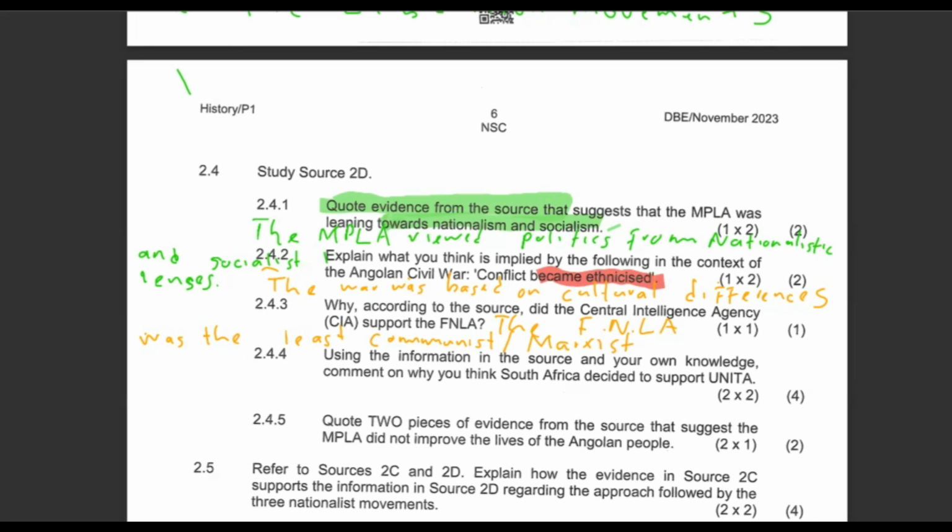So the first reason was that South Africa wanted to create a buffer zone between Angola and Namibia.